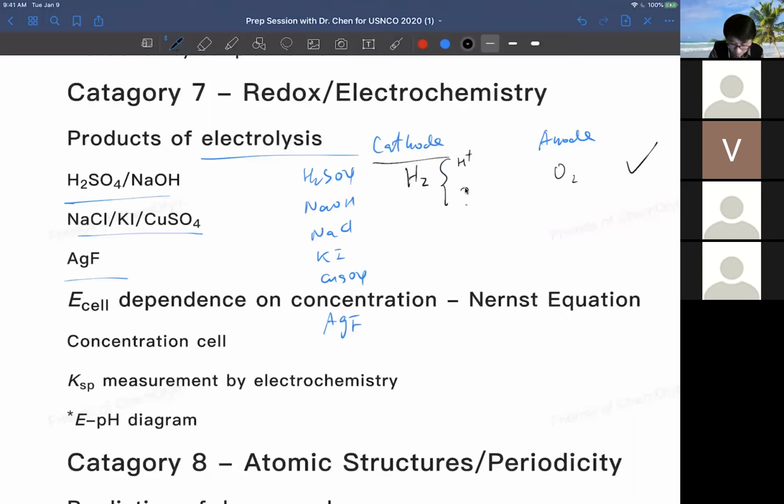And for the anode, you have 2 candidates: one is the hydroxide, another one is the sulfate, right? All of the polyatomic anions are very hard to gain or lose electrons, so you don't need to care about those.